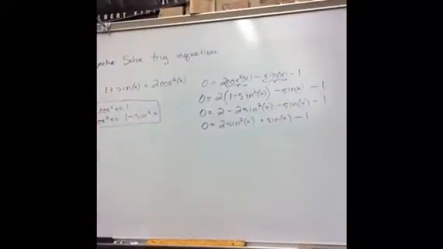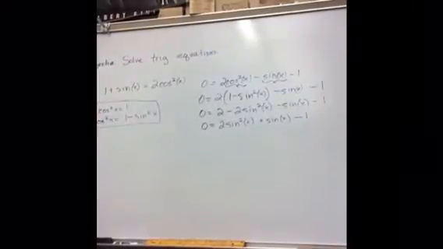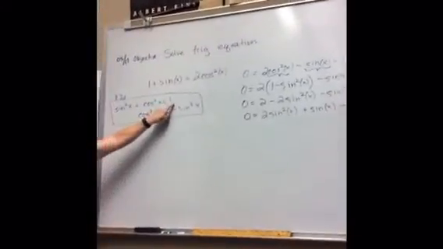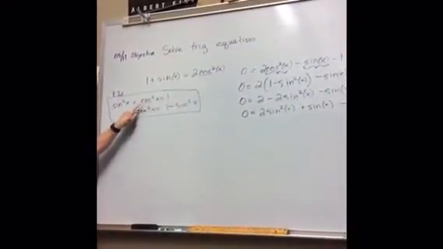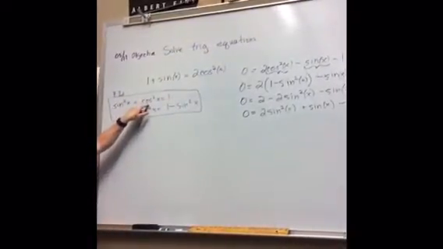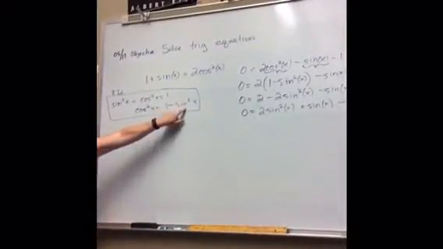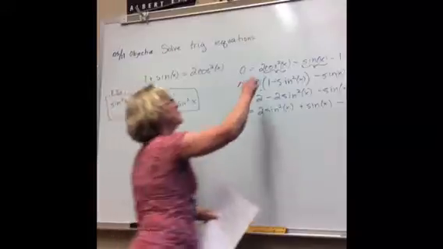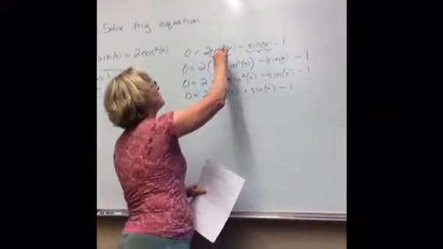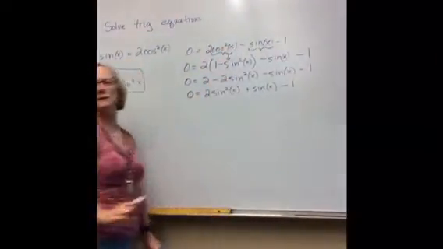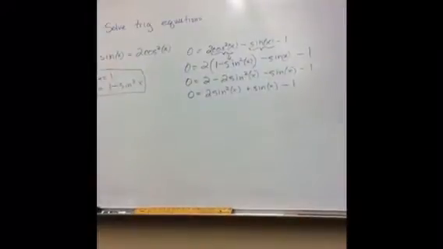So I came over here, this is the side note: sine squared plus cos squared equals 1. I solved this for cos squared, so cos squared is equal to 1 minus sine squared of x. So I replaced cos squared of x with 1 minus sine squared of x by the Pythagorean identity.